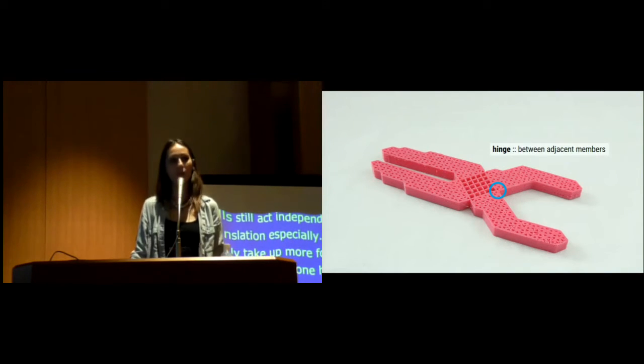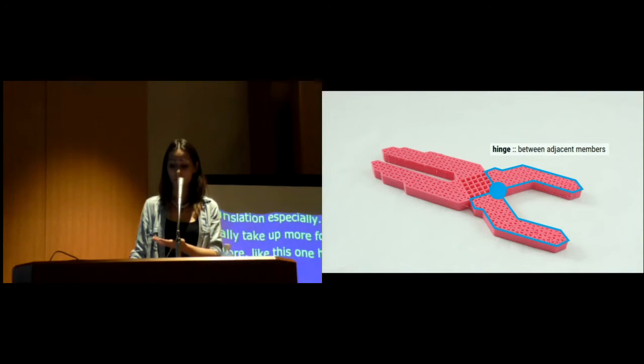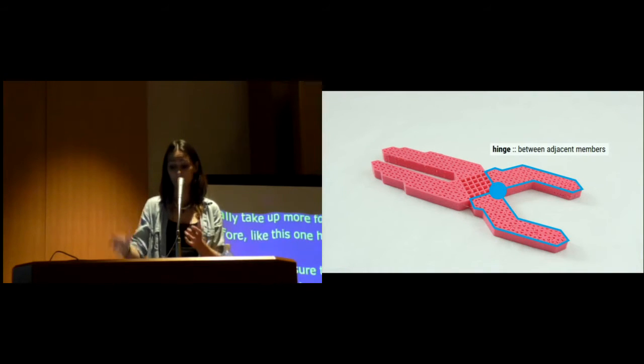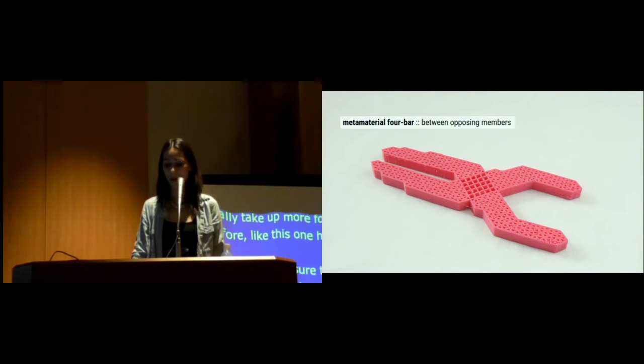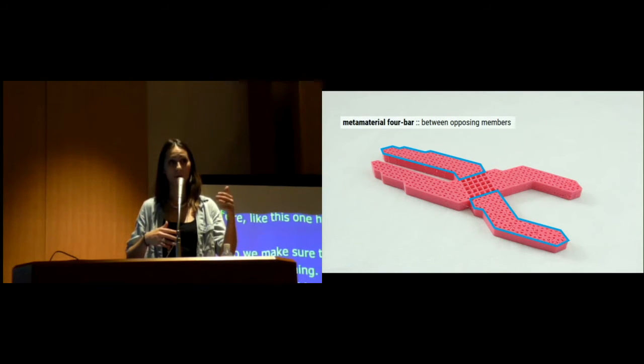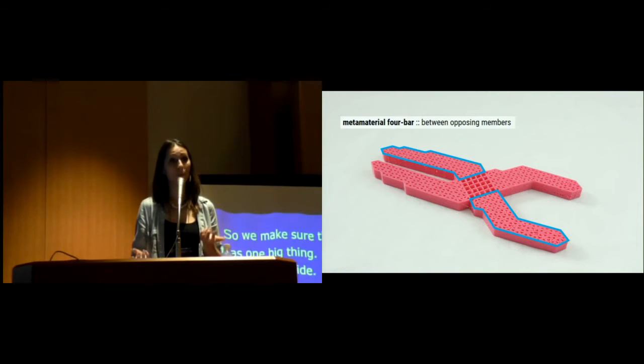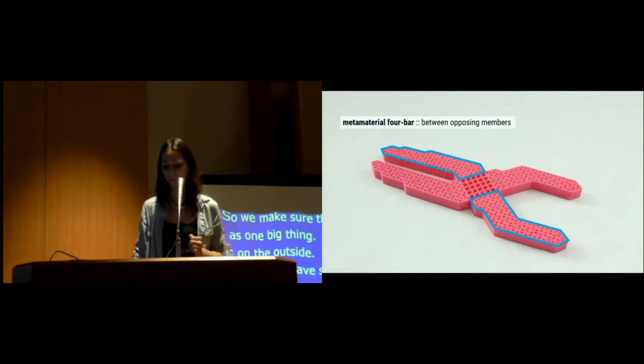So what we've seen so far were hinges. That's the hinges located between adjacent members. Now, if we look at opposing members of a hinge array, then this actually implements our metamaterial rendition of a 4-bar.